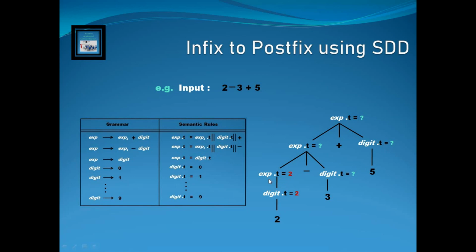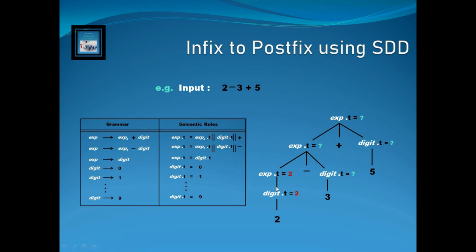Because here the syntax directed definition is showing that when expression can have the form of digit, and this production is applied within this parse tree, the semantic rules say that the expression's postfix form will be equal to the digit's postfix form.